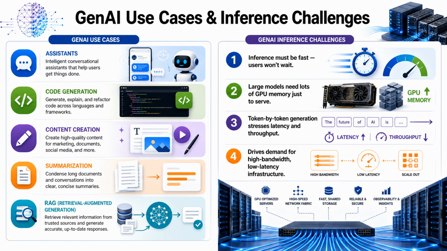Think of it like a single-lane toll booth at rush hour. Every car waits its turn, and the line backs up fast. And 4 ties it together. All of this drives hard demand for high bandwidth, low latency infrastructure. That bottom band, fast responses, GPU efficiency, scale, reliability, that's the payoff when your gear keeps up.